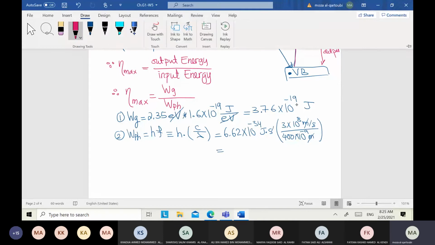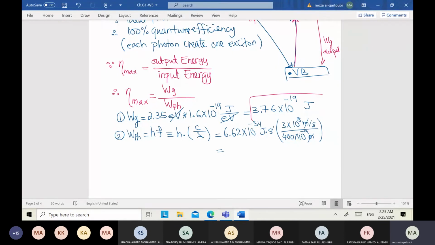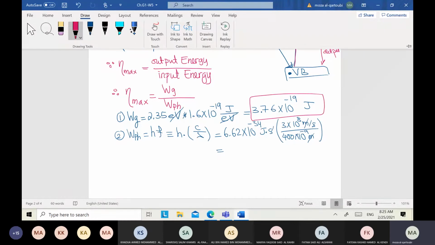So the energy of photon equals 4.965 multiplied by 10 to the power minus 19. Should we find this answer greater than Wg or less than?